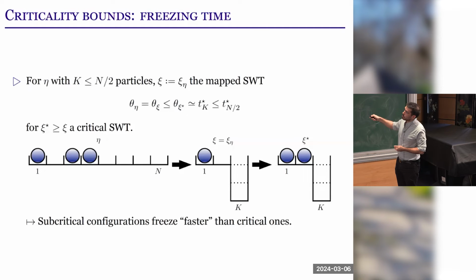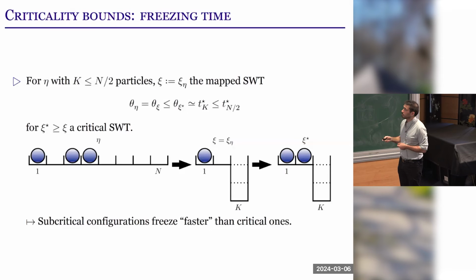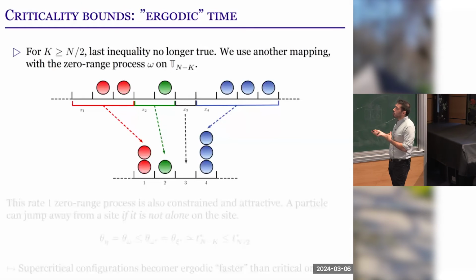The only trick is, this identity still holds, because it does not depend on the number of particles. This identity still holds, because a supercritical SSEP with traps is indeed faster than a critical one. But this time k is larger than n over 2, so this last bound here is not good. So we need to find another way around it.